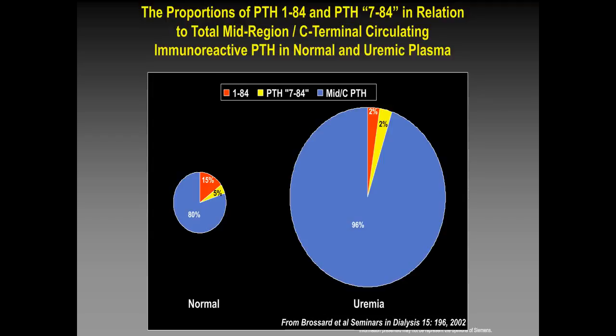So you can see here the difficulty of trying to measure biologically active PTH, the red slice of the pie, in a whole sea of PTH fragments, and it requires a detailed knowledge of the specificity of the antibodies used in the assay in order to obtain a meaningful result.